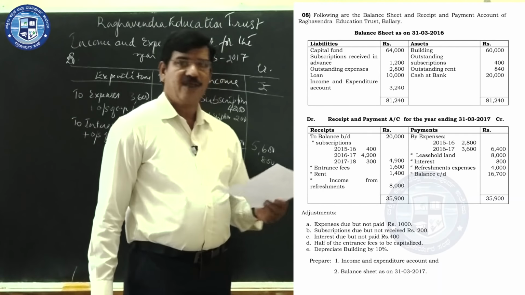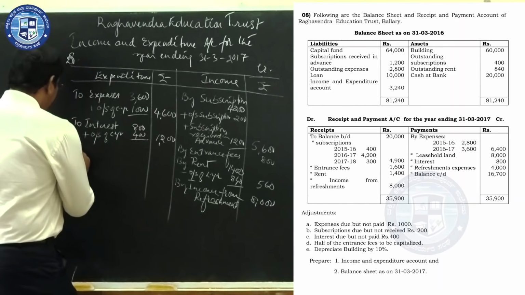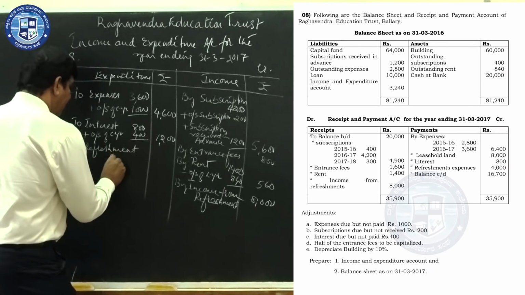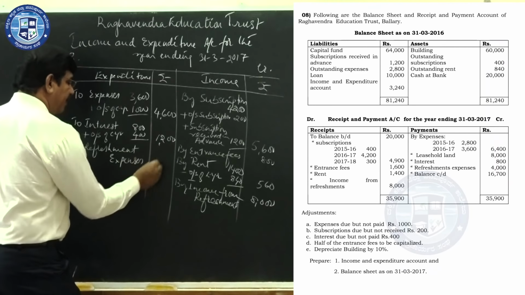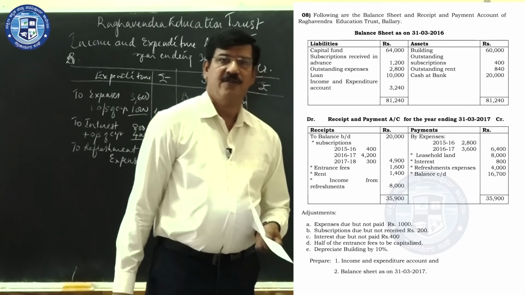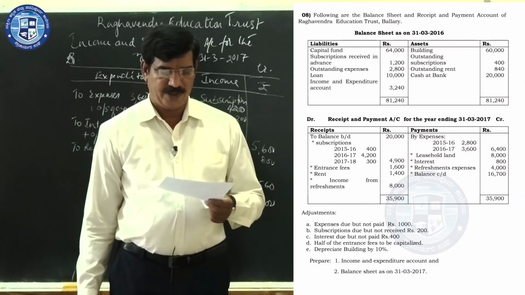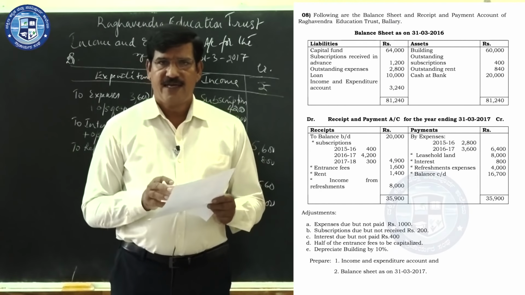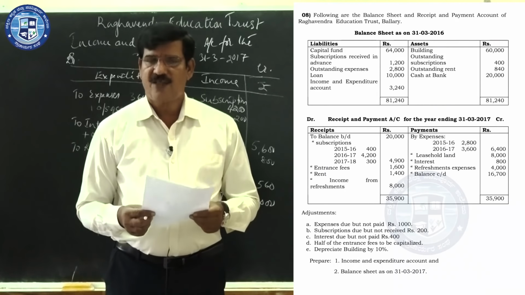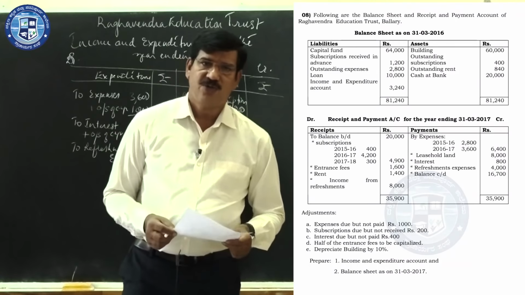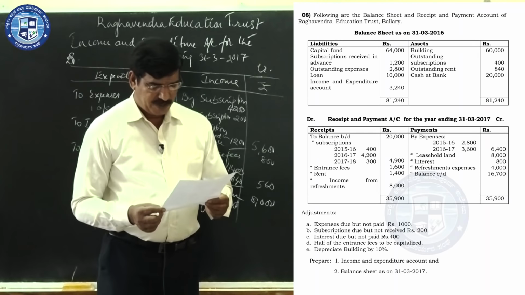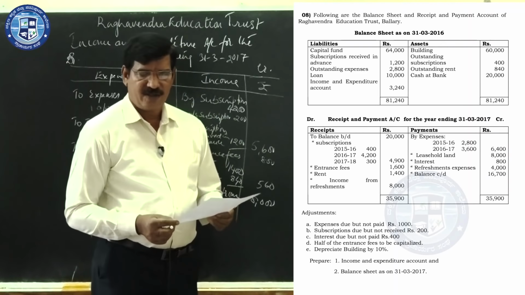Then comes refreshment expenses 4000. Then balance carried down is there, it will be entered in the closing balance sheet. So now all the items in the receipts and payments account are over. Now let's look at the adjustment. Is there any item left out to be entered in the income and expenditure account? Expenses due but not paid is entered. Subscriptions due but not received rupees 200 is entered.